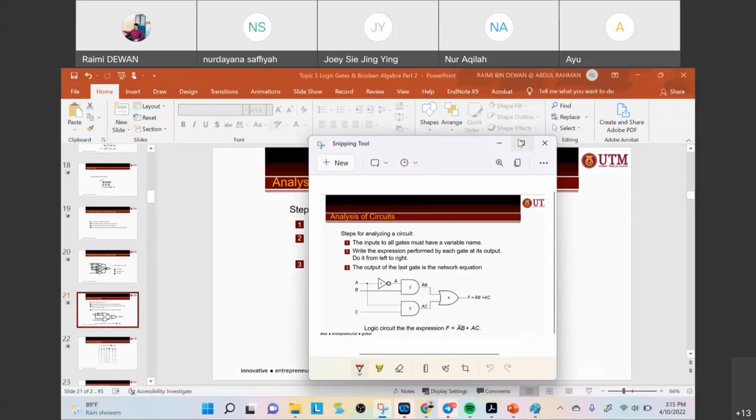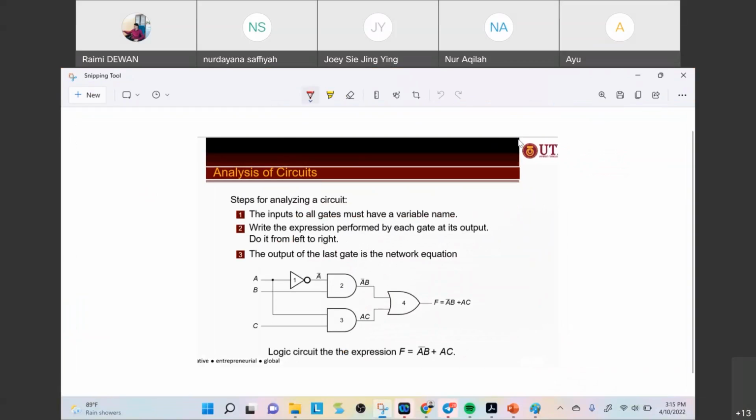Here you have initially A, going through this will be A bar, A inverted, then B, then A, and then C, and then A C, A bar B, and this is your OR, the result.